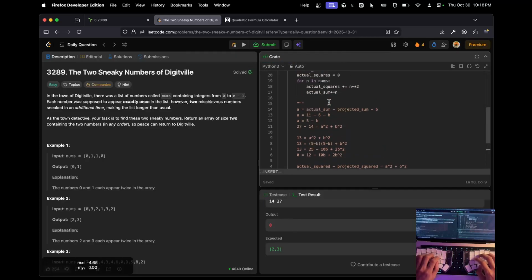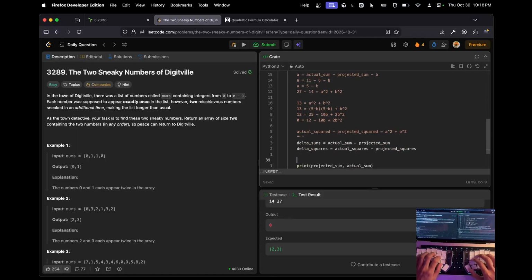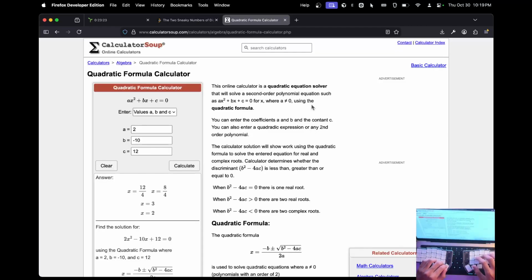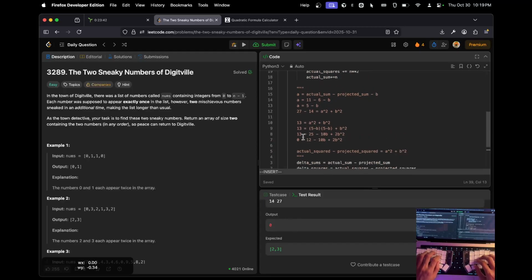That means that you're going to just follow this equation where A is equal to 5 minus B. So what's your A term going to be in the quadratic form? Or I guess is it your C term? I forgot this completely. Oh yeah, it's your C term, your constant. So your C term is always going to be the difference between delta squares and delta sums.